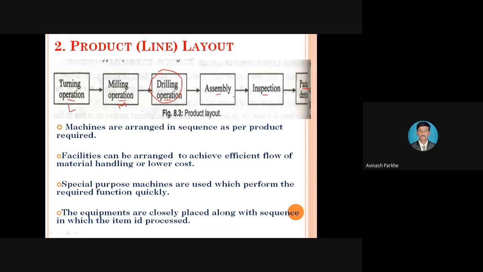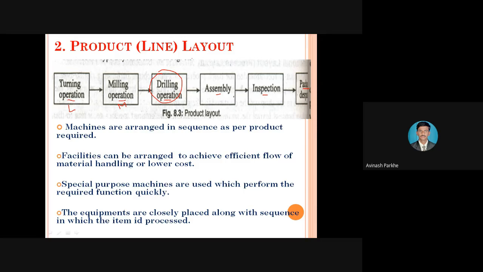All the products are different. If the product is different, then their manufacturing process or sequence of operation is also different. If your sequence of operation is different, then your sequence of machineries also varies. Therefore, if I have to install a new sequence of machines, very high investment is required in the case of a product type of layout.